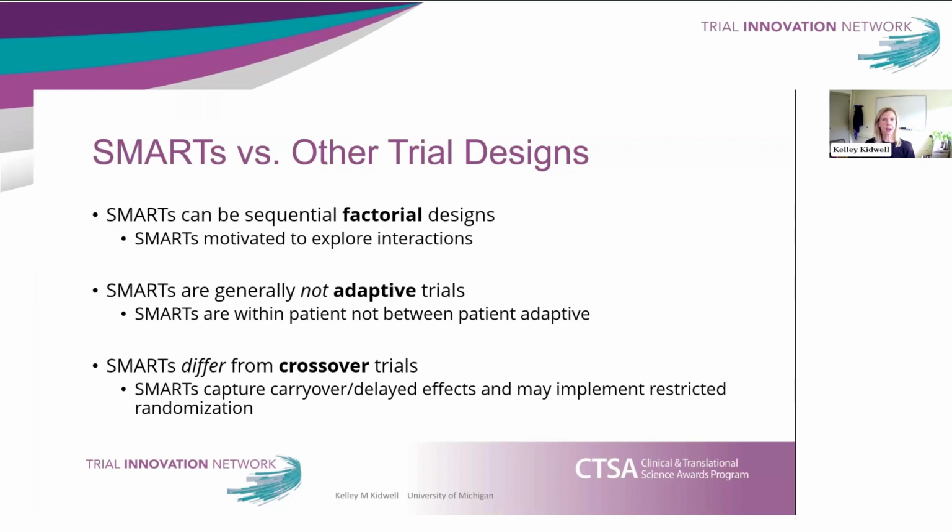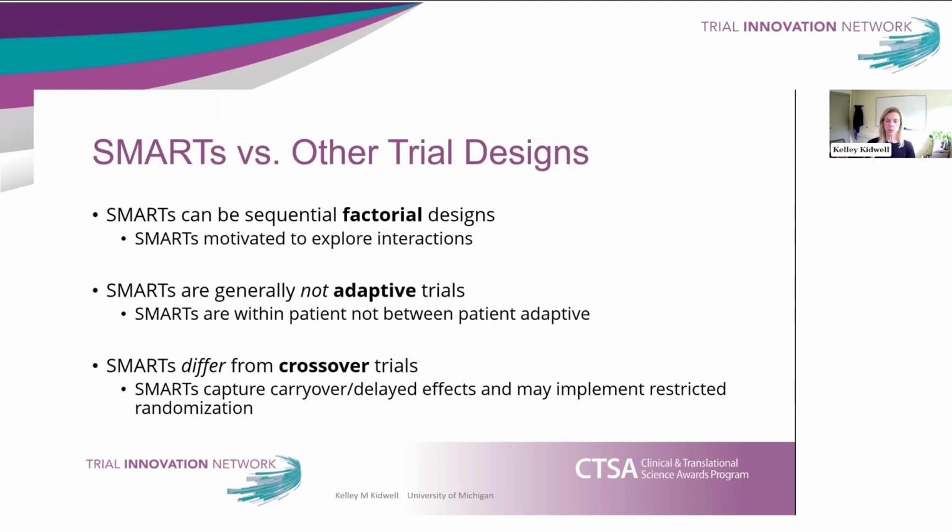I've also noticed that a lot of people want to put SMARTs into the box of adaptive design because we talk about adaptive interventions, or adapting the treatment for individuals based on their response. But I think it's really important to note here that usually when we use the word adaptive design, we're referring to between-patient adaptations, such that we're using accumulated data in the trial to make decisions to change certain operating characteristics of the trial for future patients.